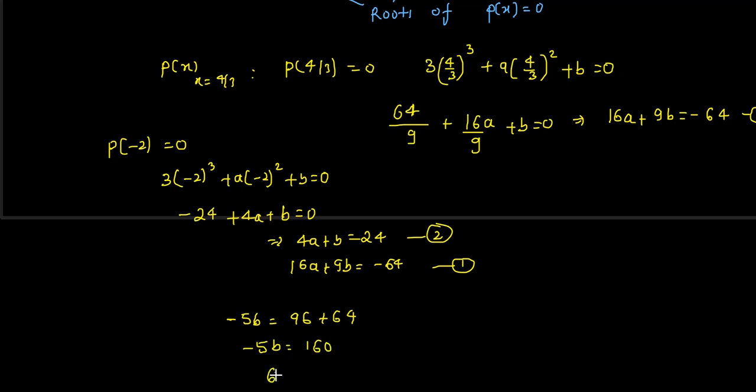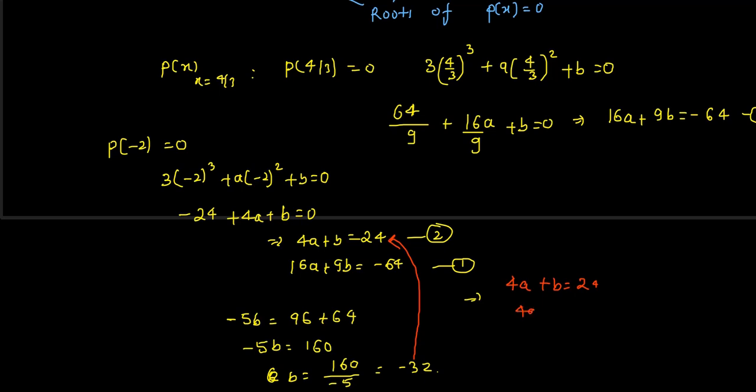So the value of b is 160 divided by minus 5, which is minus 32. Right, this is your value of b. Now putting this value of b in either equation number 2 or equation number 1, I can obtain the value of a. 4a plus b is equal to 24.